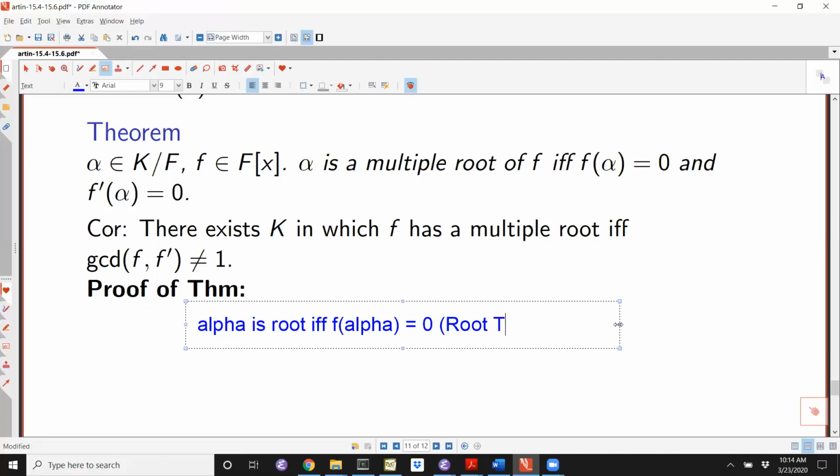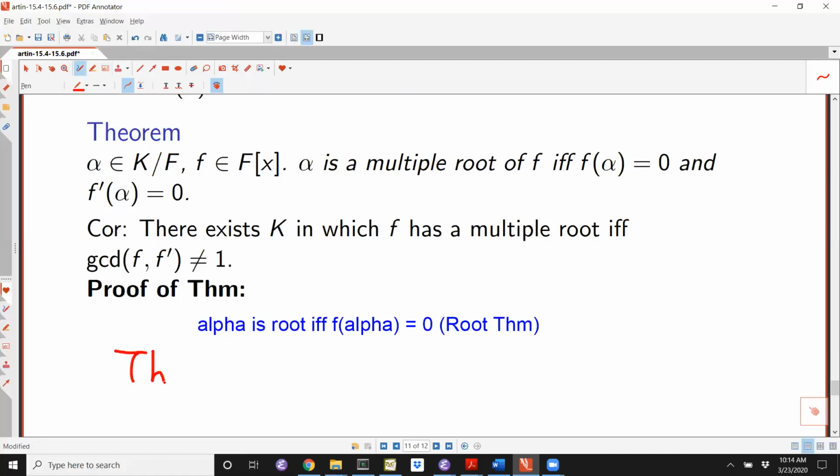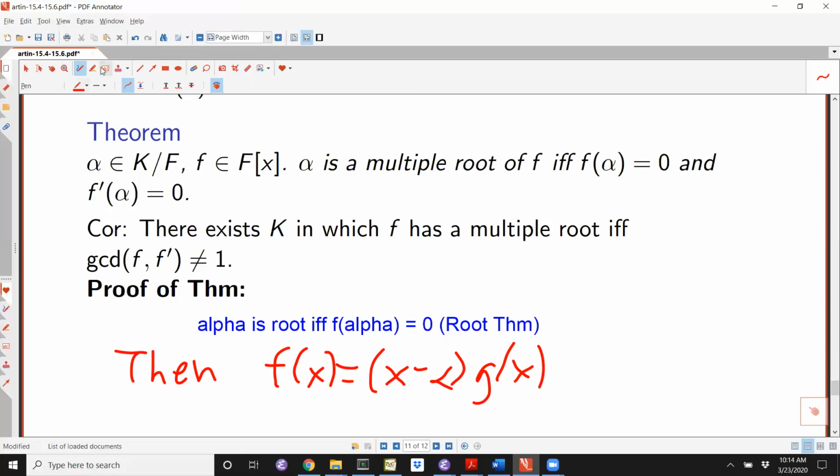So in that case, let f of x equal x minus alpha times g of x. Suppose alpha is at least a single root of f, and so that means that we can factor this way.